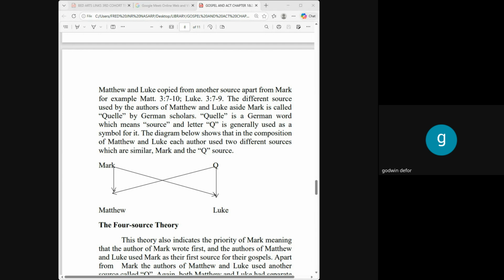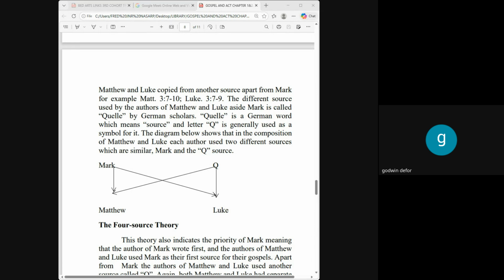When you look up to Q, you see an arrow coming from Q to Matthew, telling you that the author of Matthew copied an aspect of Q into his work. For that matter, you have two arrows pointing towards Matthew, using two sources, hence the name the two-source theory.